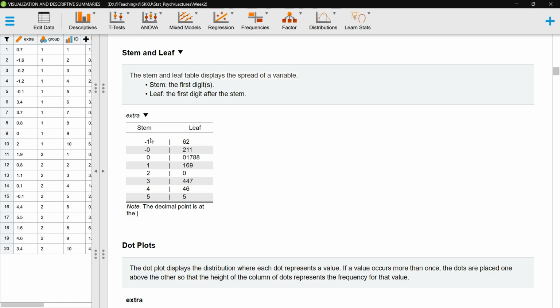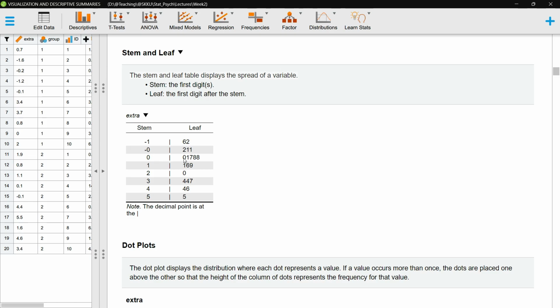That means the leaf 6 with the stem minus 1 represents minus 1.6. And the leaf 2 in the first row represents minus 1.2. So we have a single minus 1.6 value in the extra hours variable here, and no other minus 1.6. We also have just a single minus 1.2 value here.